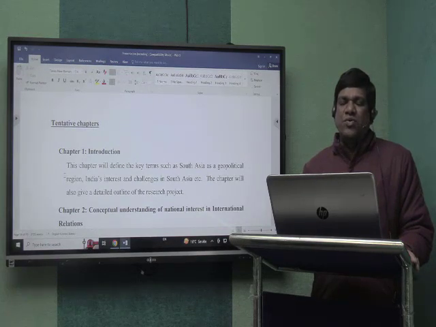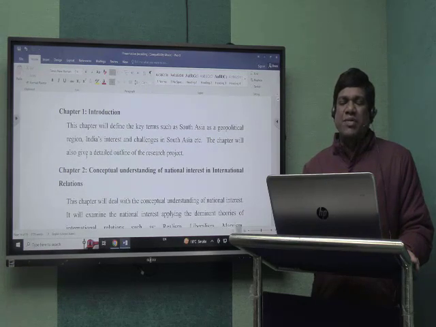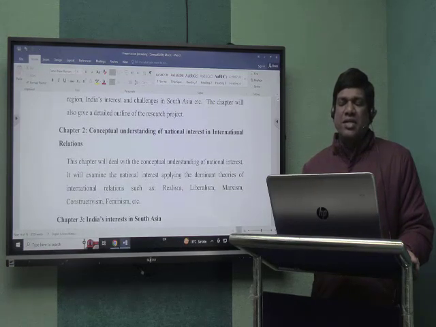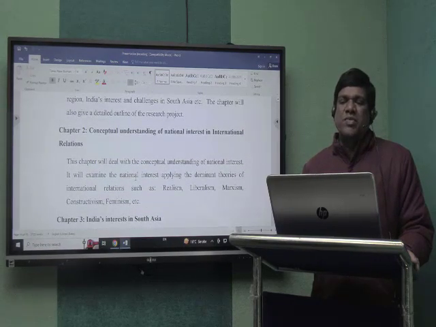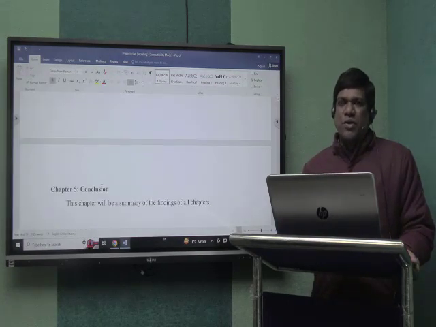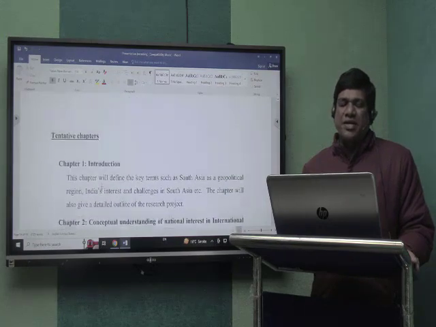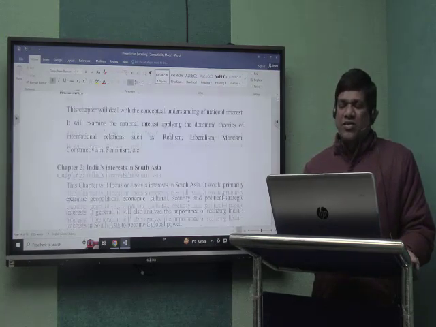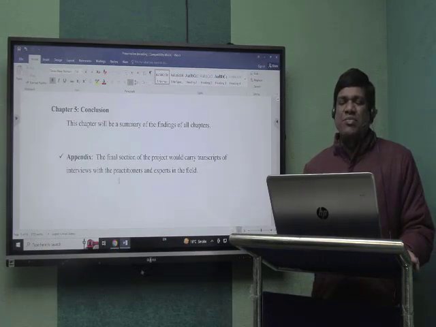As you can see right now, that's there on the screen. You have 3 chapters. One is a theoretical chapter, then there is a chapter on challenges, and there is a chapter on prospects of cooperation and so on and so forth, right? So in a gist, you have to provide that. Then comes the bibliography. What are the sources that are available on this?